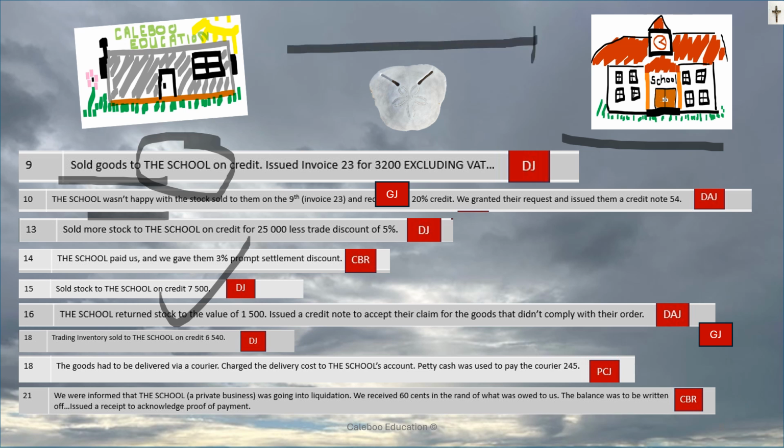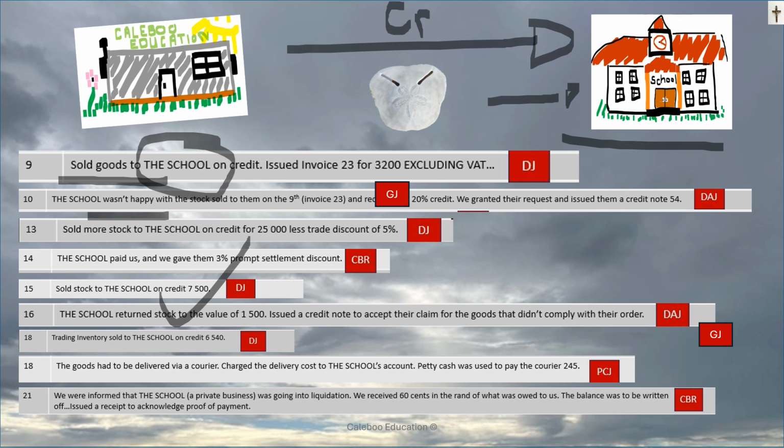So Caleboo Education sells to the school on credit. Stock will be delivered to the school, and the school will pay us back at a later stage, depending on what was agreed with the school. The terms and conditions, normally the school must pay within 30 days.